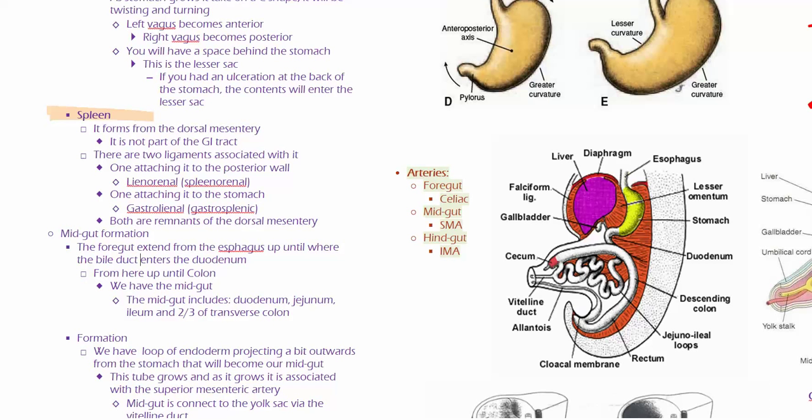What forms the phagocytic cell? Septum transversum. What forms the connective tissue of the gallbladder? Septum transversum. What forms the epithelium of the gallbladder? Endoderm. What is the function of the gallbladder? Store and concentrate bile.